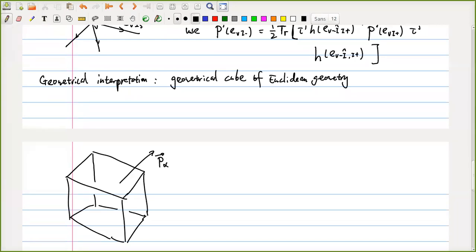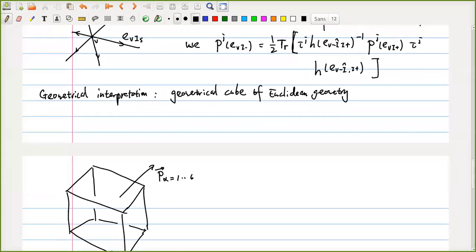How many faces do you have in total? 6 faces, so alpha equals 1 to 6. You can view this cube as dual to the vertex, and each edge corresponds to a face. So the vertex is dual to this cube. Let's consider this cube has a geometry, and this vector is a three-dimensional vector P_alpha.